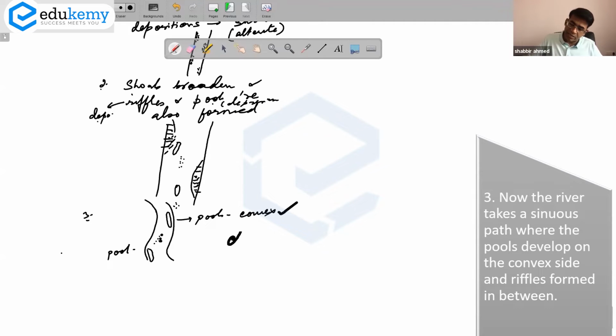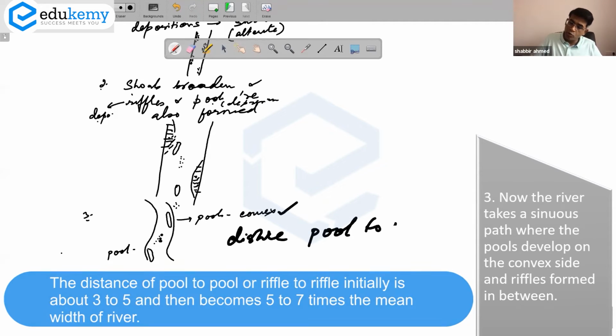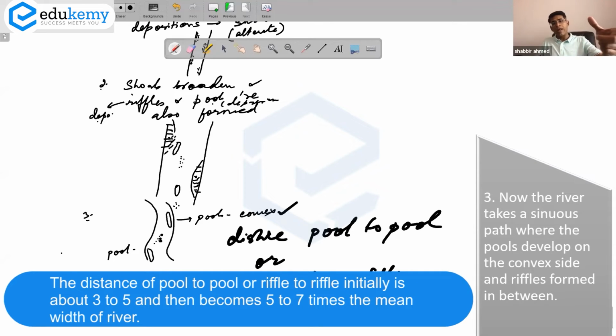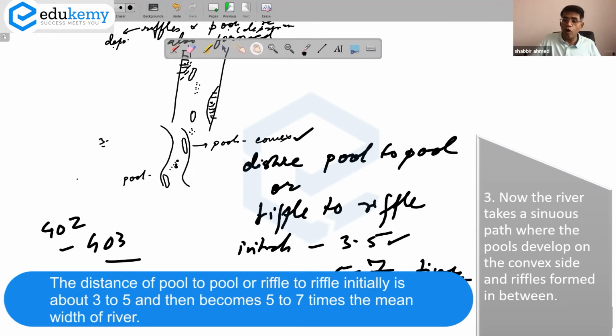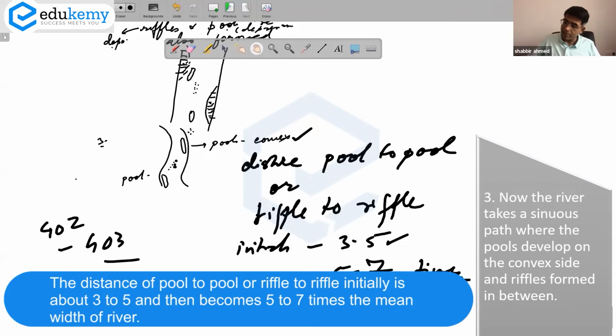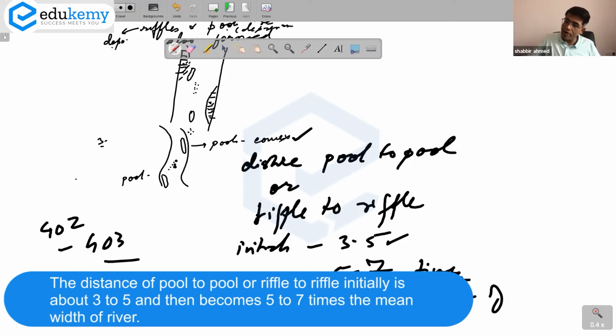The distance between two pools or between two riffles is initially about 3 to 5 times, and then becomes 5 to 7 times the mean width of the river.